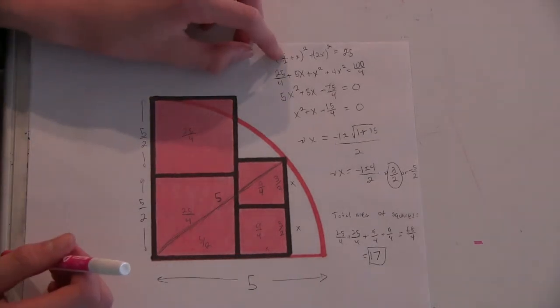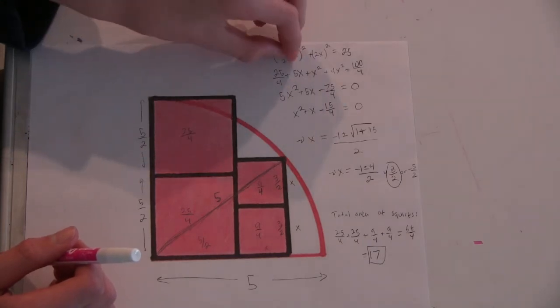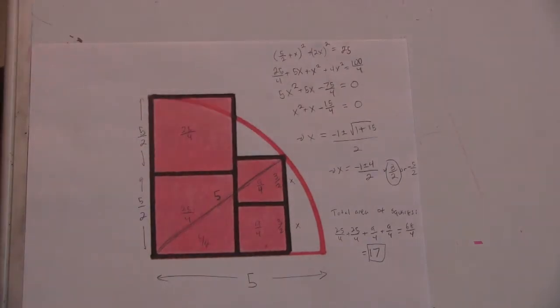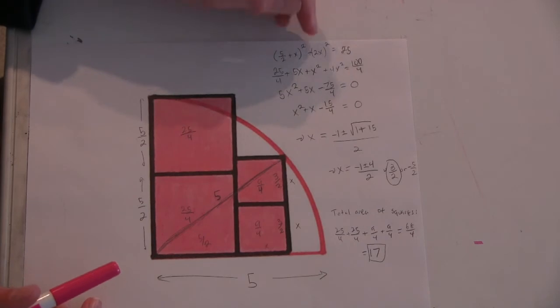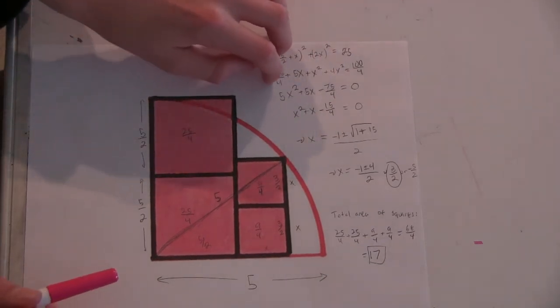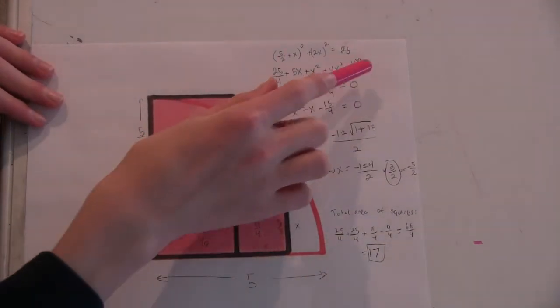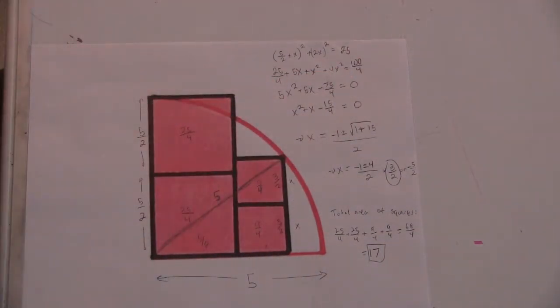So we have 5 halves times 5 halves, and then 5 halves times x times 2, and then the x squared, plus 4x squared. And then, since this was in fourths, I wrote this as 100/4 because I wanted to subtract 100/4 from both sides, so I could use the quadratic formula to find x.